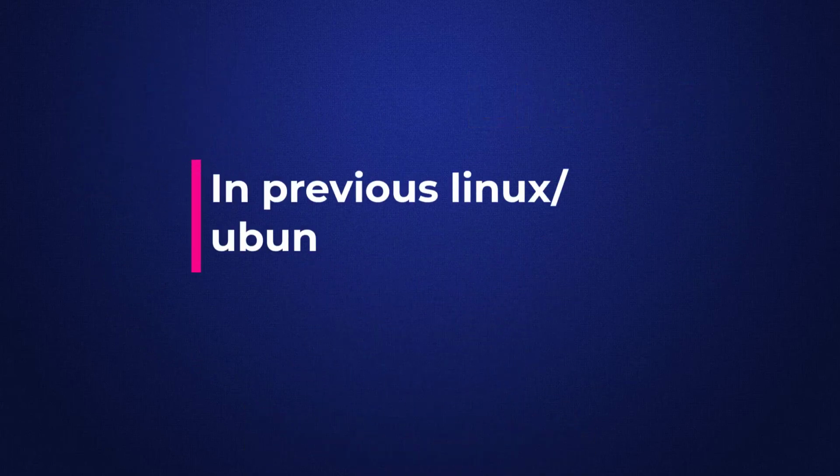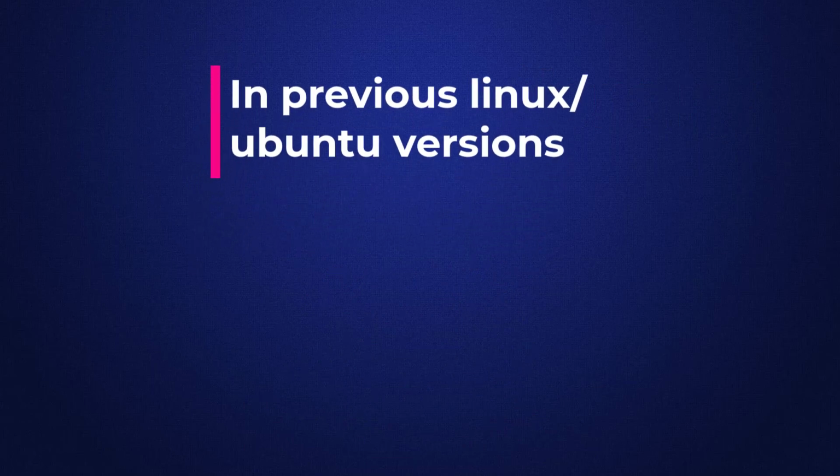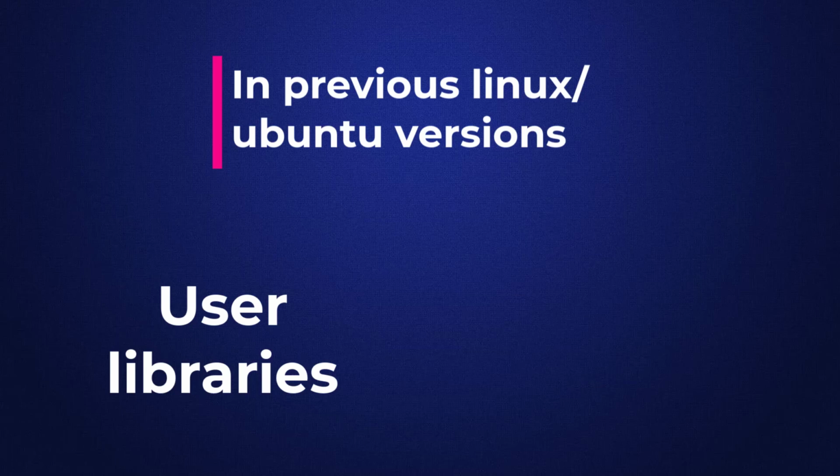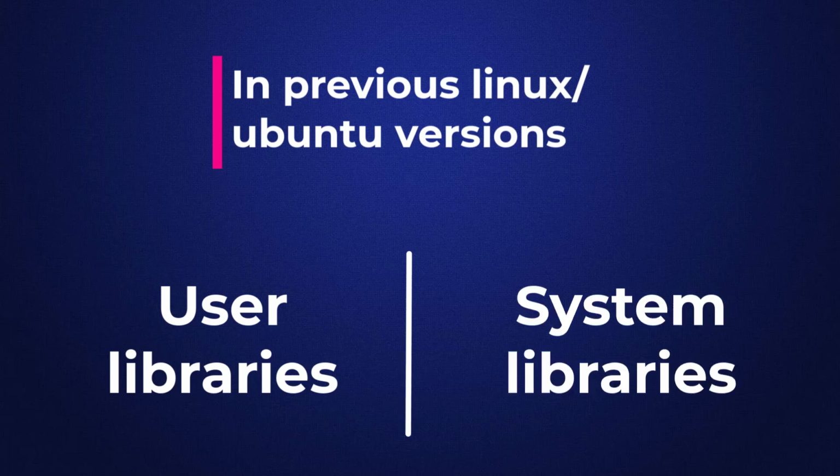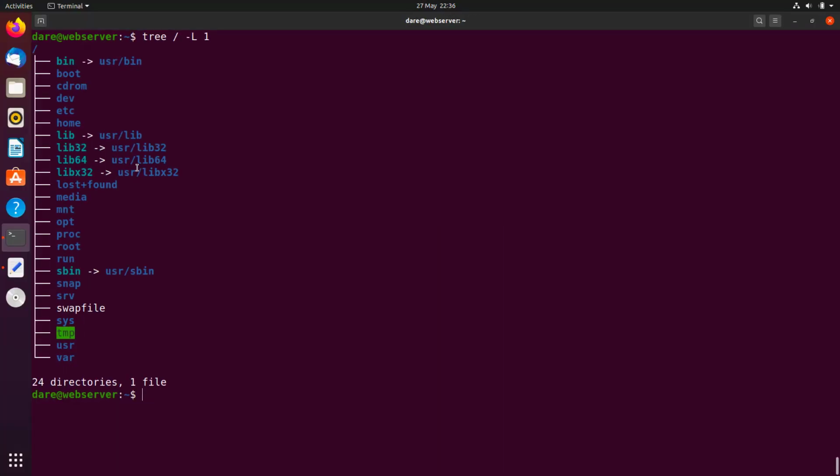In previous Linux versions or Ubuntu versions, there used to be a separation between the libraries used by the user in the system and the libraries used by the system. But it looks like everything is beginning to be merged together right now. As you can see, lib is now linked to usr lib, and usr, mostly regarded as user, is just a place where you keep libraries for users.